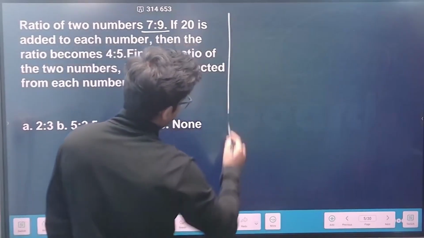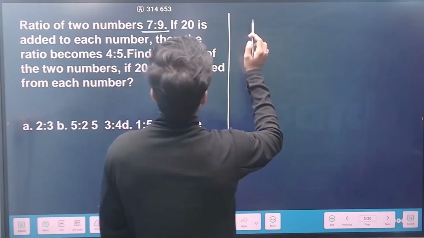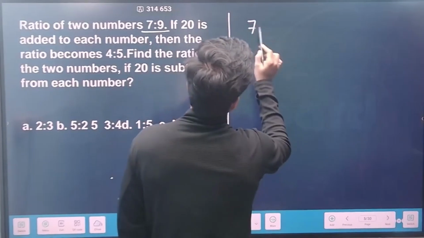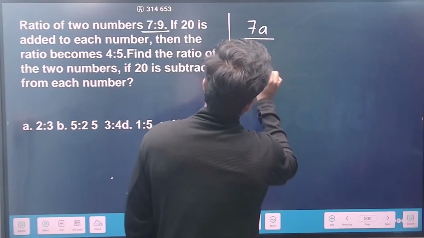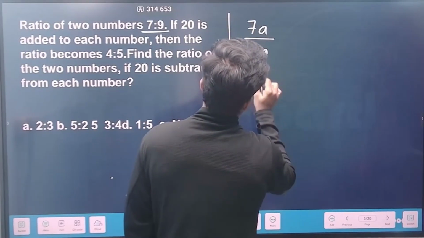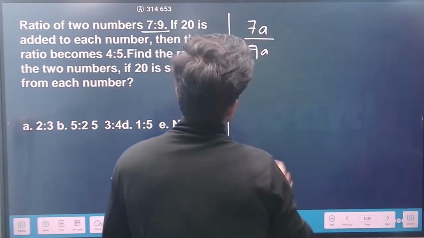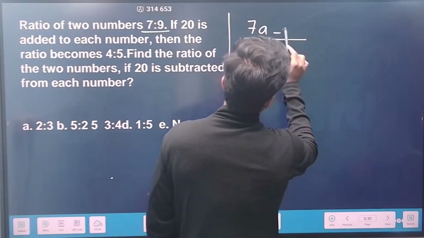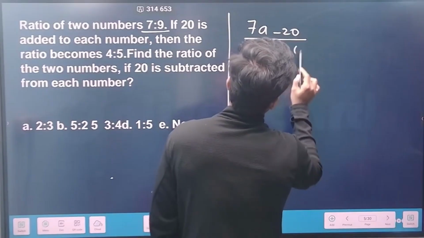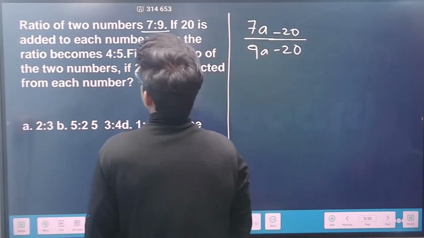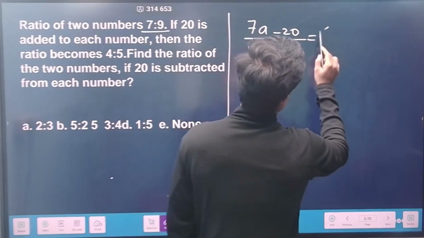So can we draw a line and write down that the numbers are 7a and 9a. If 20 is subtracted from each number, so I am subtracting 20 from each number, minus 20 and minus 20, correct? Then the ratio becomes 4:5. Now the ratio comes 4/5, correct?